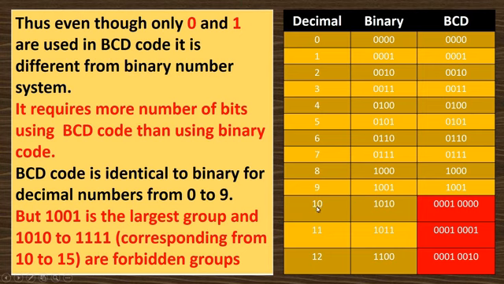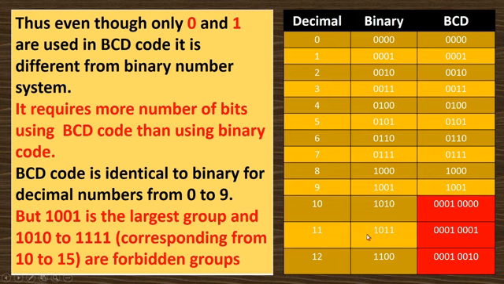See here, we can write the binary equivalent by dividing by 2 and we will get 1010. This 1010 is the binary equivalent of 10 decimal. But if we have to represent this 10 decimal in BCD, then we have to write separately 1 as 0001 and 0 in 4-bit representation as 0000.